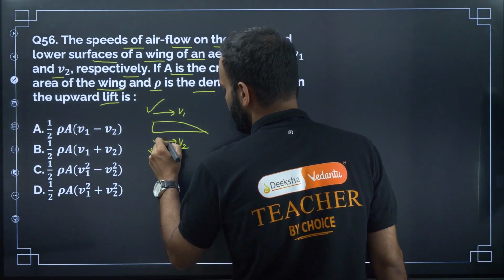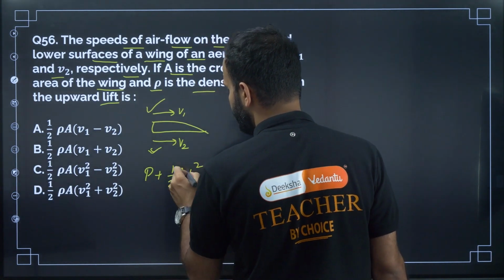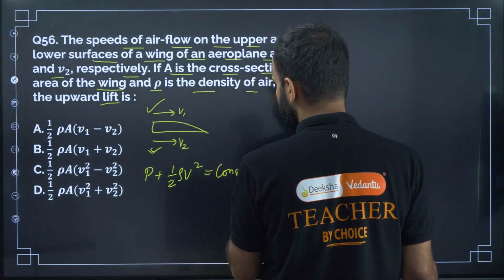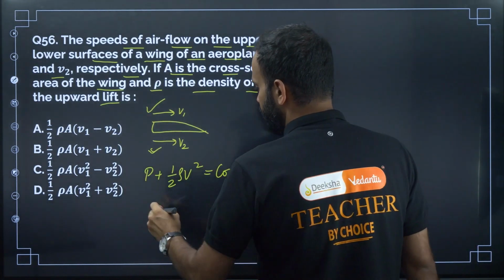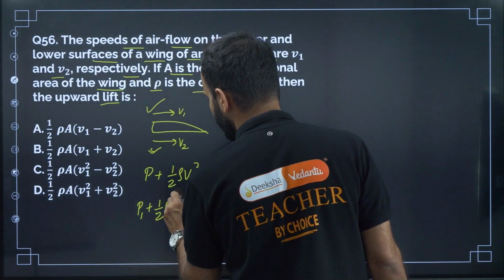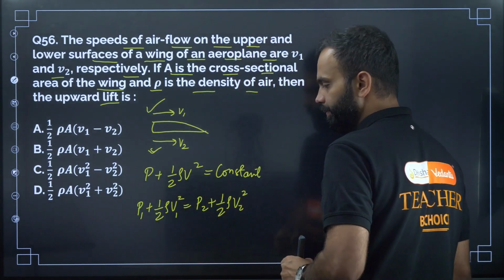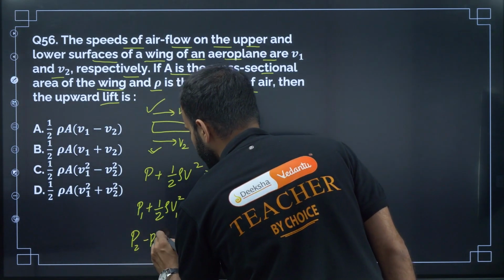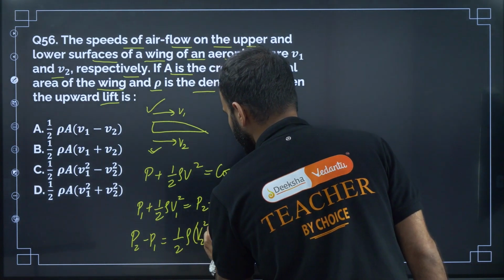Now apply Bernoulli's equation. P plus half rho v square, pressure energy plus kinetic energy, is equal to constant. Potential energy is there, but it is 0, because the height difference is very small, so we consider it as 0. So P1 plus half rho into V1 square is equal to P2 plus half rho into V2 square. So P2 minus P1 is equal to half rho into V2 square minus V1 square.